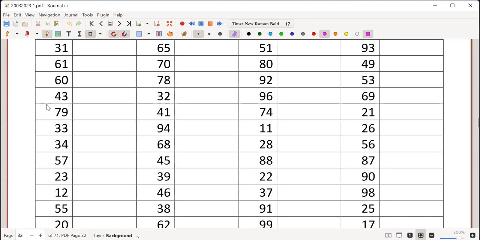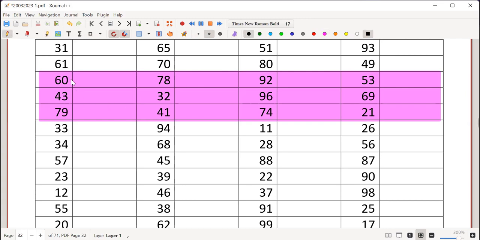I want you to multiply those numbers with 5. If it's 60, what is 60 into 5? Just multiply this number with 5. What is 60 into 5? 43 into 5, 79 into 5, 78 into 5, like that.